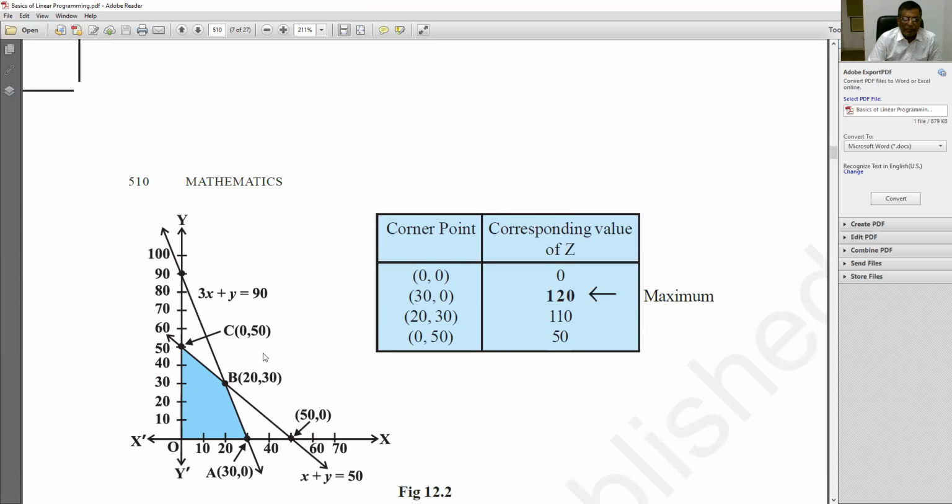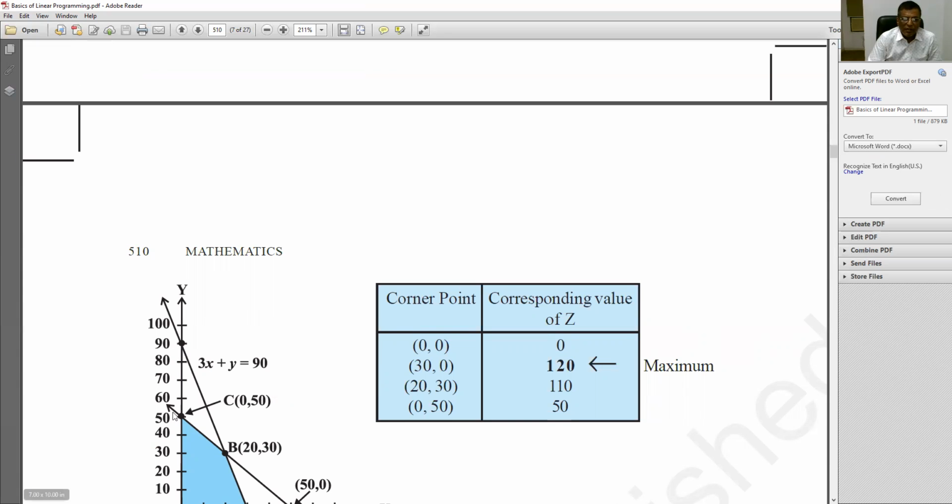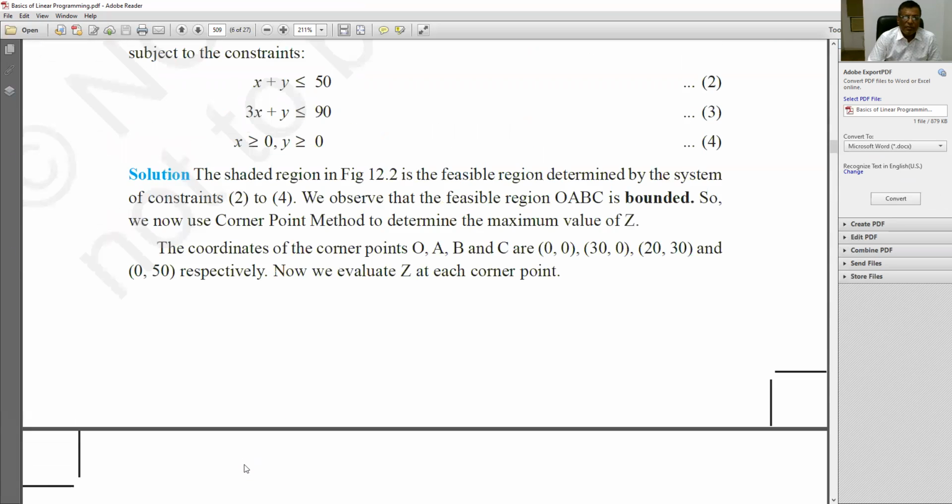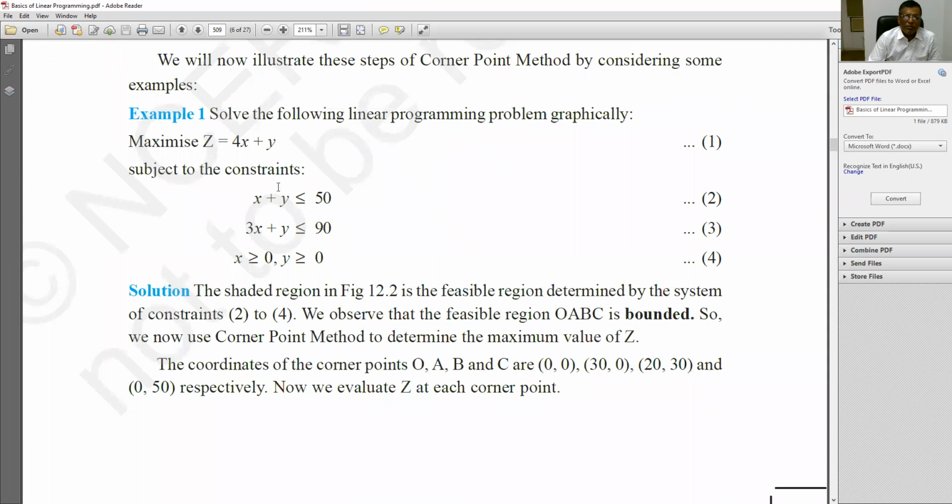Similarly, you see here, this is the point where y coordinate is 50 and x coordinate is 0. So the coordinate of this point is this. So what are the feasible region points? This point, and this point. These are the feasible points because these three points can only satisfy these two results, this and this.